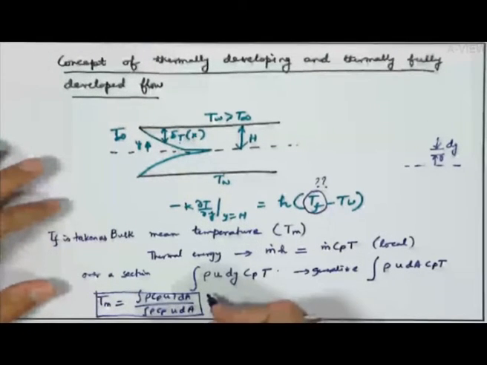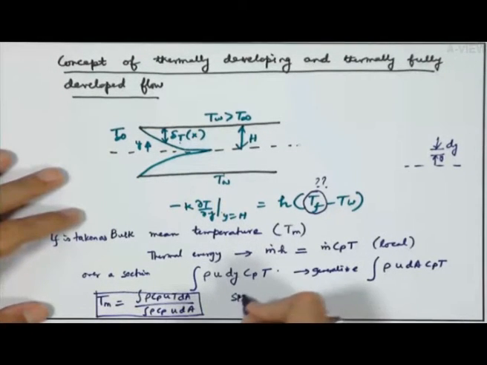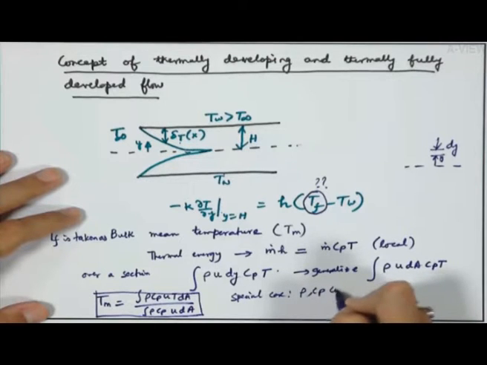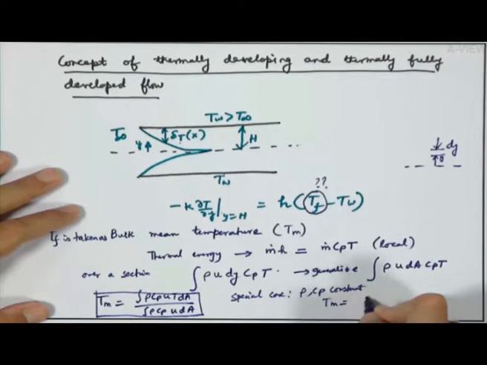Now, special case, if you have rho Cp as constant, then Tm becomes integral of UTdA by integral of UdA.